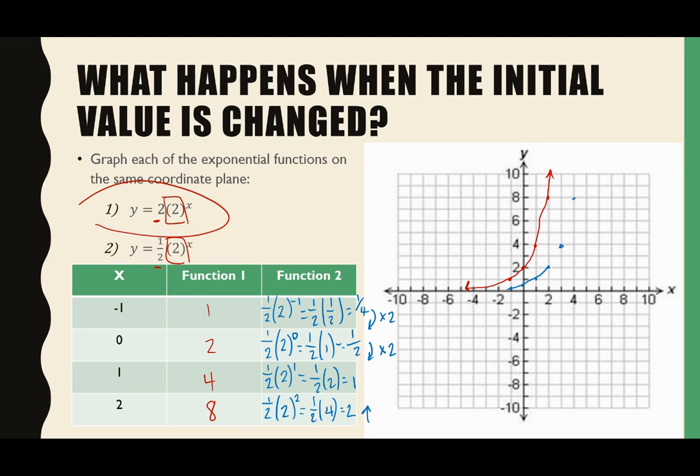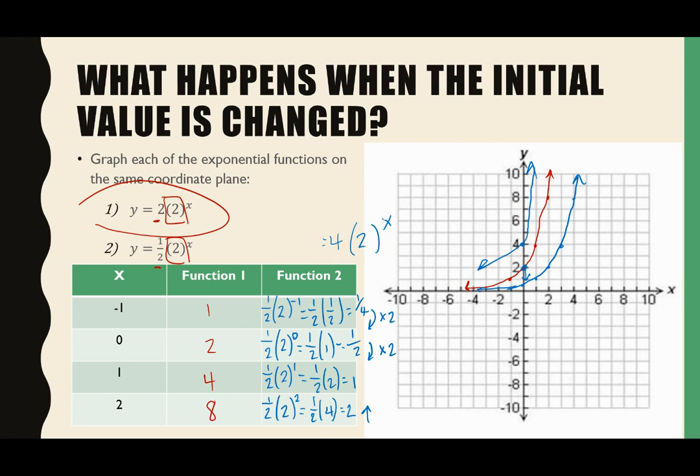So how does a being a fraction really affect the graph of the exponential? All it's done is taken my original graph and slid it down. So if I increased a to something like 4 and kept my rate the same, what would happen is the graph would just move up to 4, but remain the same slantedness.